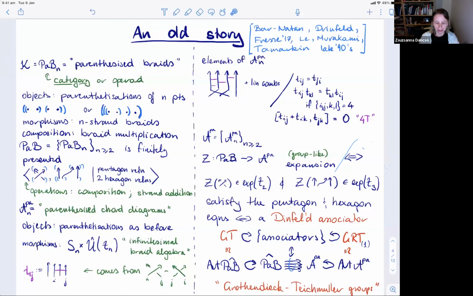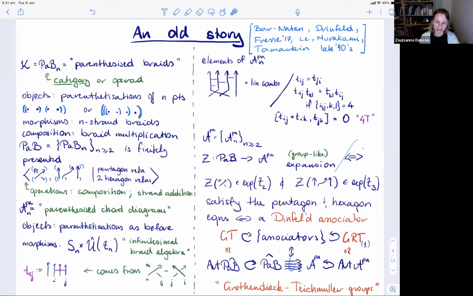In particular, it's determined by the values on the generators, of which there are 2, the crossing and the associator braid. So the key to finding an expansion is finding an image for the crossing and an image for the associator braid.